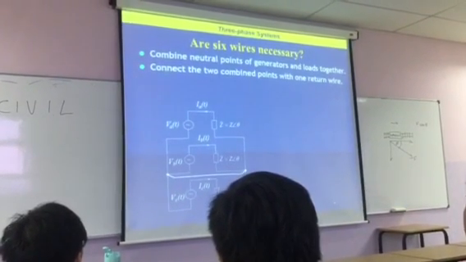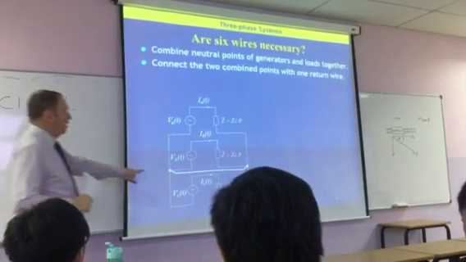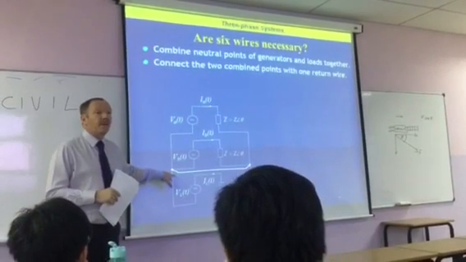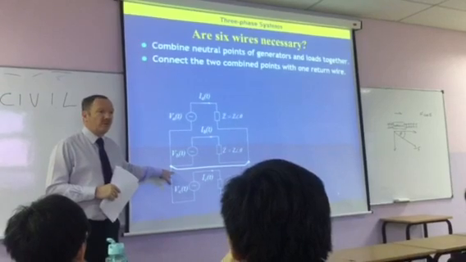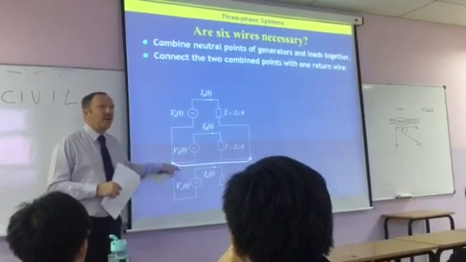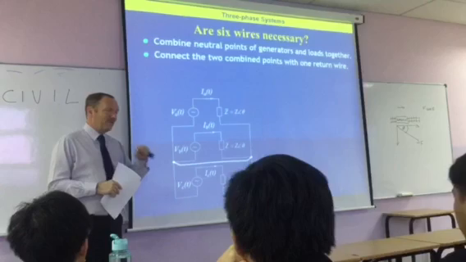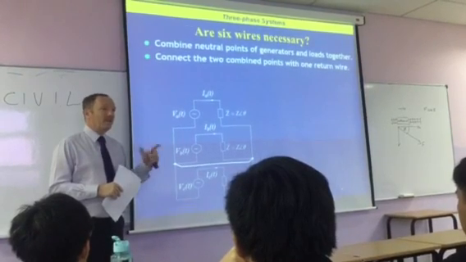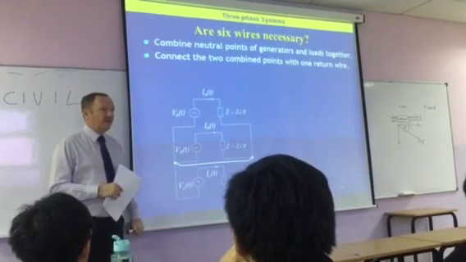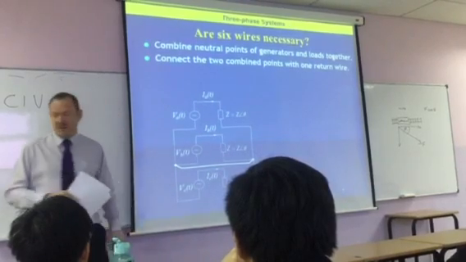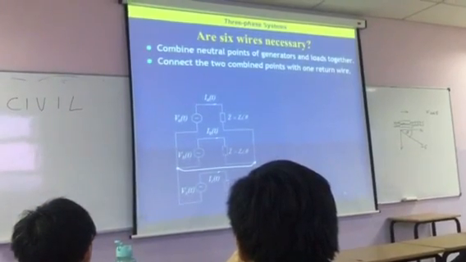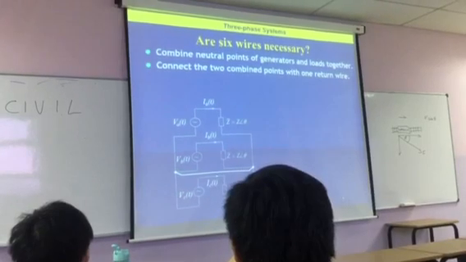This is our neutral. I'm sure you've all heard of neutral wires as well. Neutral is not to be confused with earth, but this is the neutral wire in our 3-phase arrangement, for a balanced load. So we said 6 wires, are they necessary?